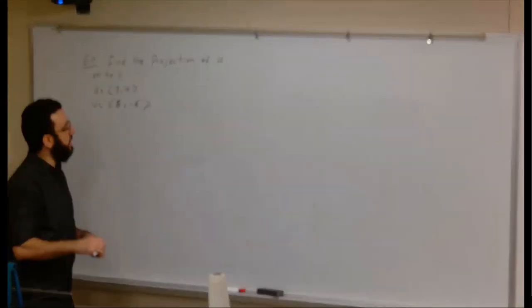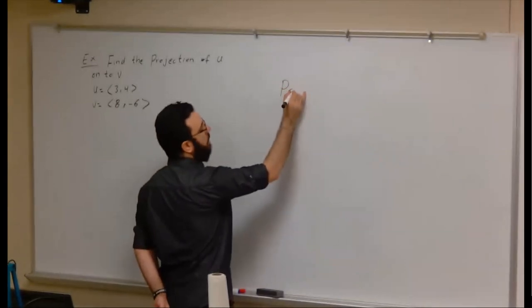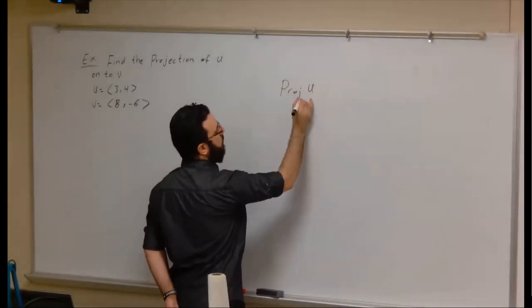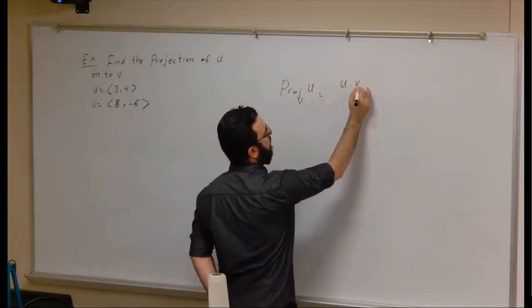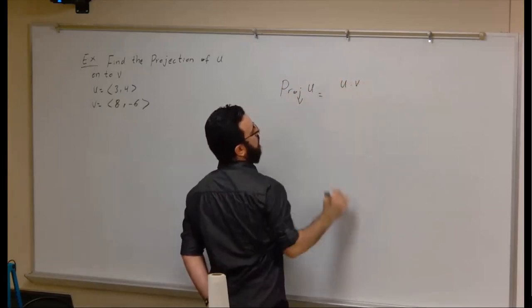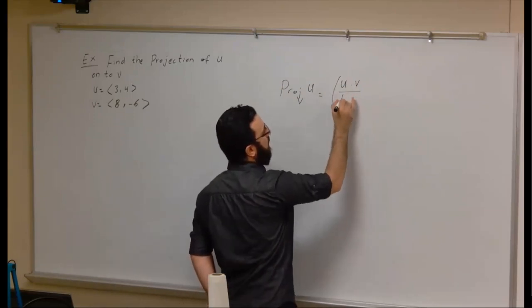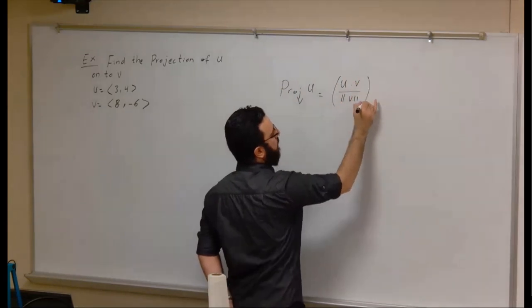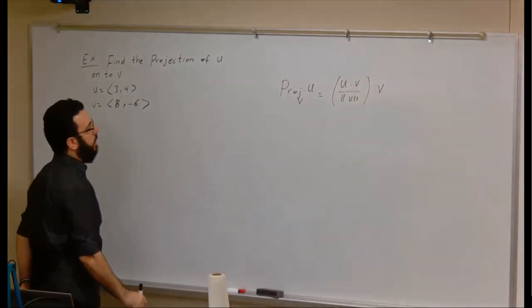Like for this example, we define the projection. The projection of U onto V is going to be the dot product, U dot V over the length of V, times V. Here is V. I'm going to start by finding the dot product.